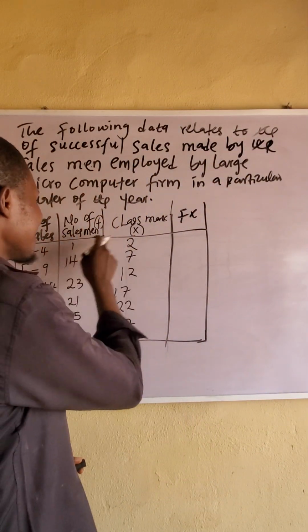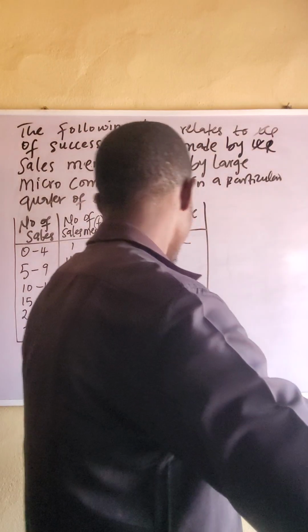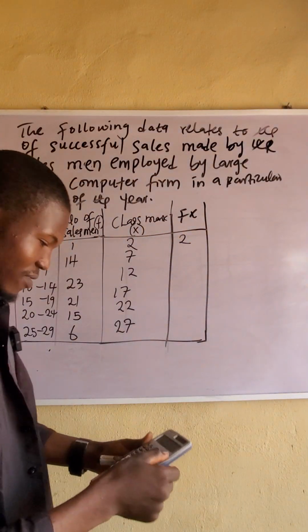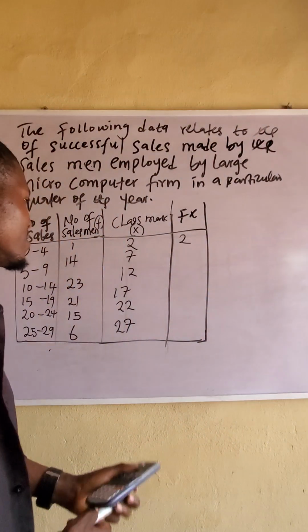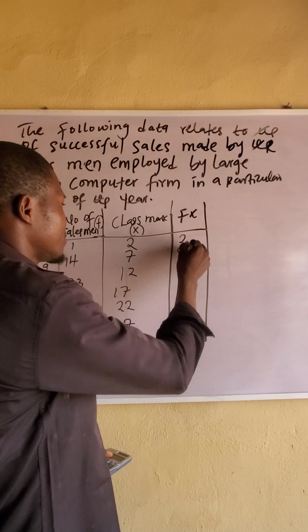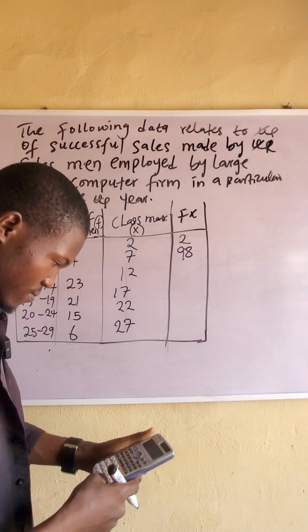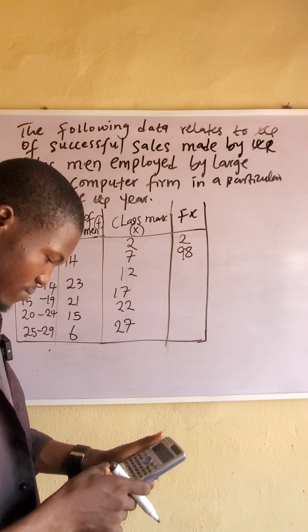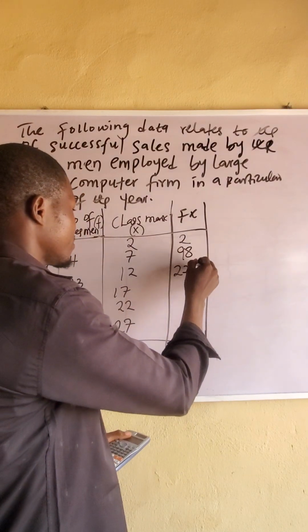So 1 times 2 gives us 2. Then 14 times 7, let's check the calculator. Yeah, 14 times 7 gives us 98. Then 23 times 12 is 276.